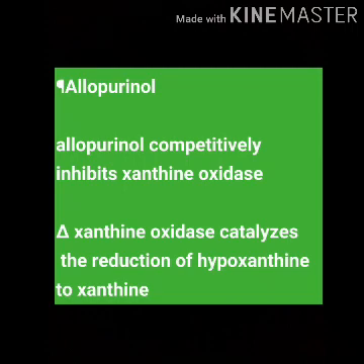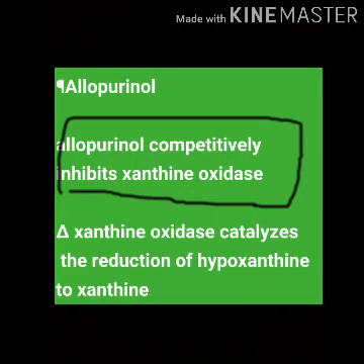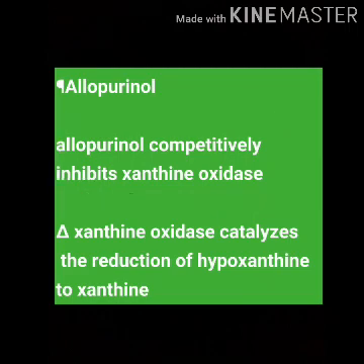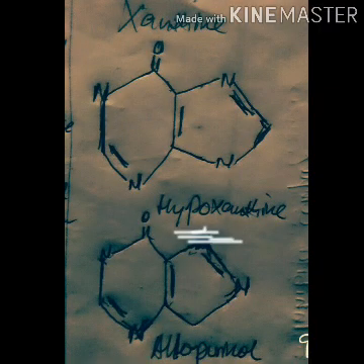Don't forget our earlier chart, which shows xanthine oxidase catalyzing the conversion of hypoxanthine to xanthine. So when allopurinol inhibits this enzyme, it reduces the uric acid that is produced as the end product of purine metabolism. So allopurinol has an effect in reducing uric crystals and thus gout.